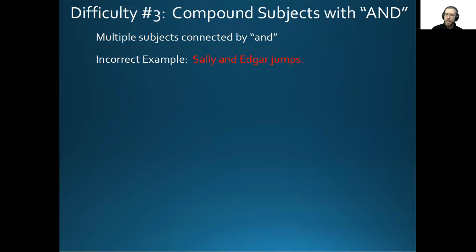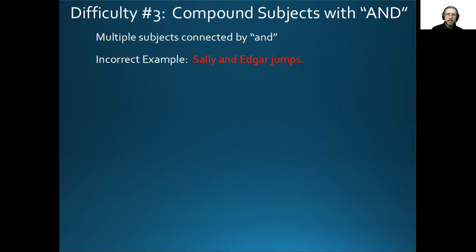So, an incorrect example using a compound subject, where there are more than two things acting. In this case, more than two people, Sally and Edgar. An incorrect example would be, Sally and Edgar jumps. If I just had Edgar jumps, it would be fine. But there are two people working here.